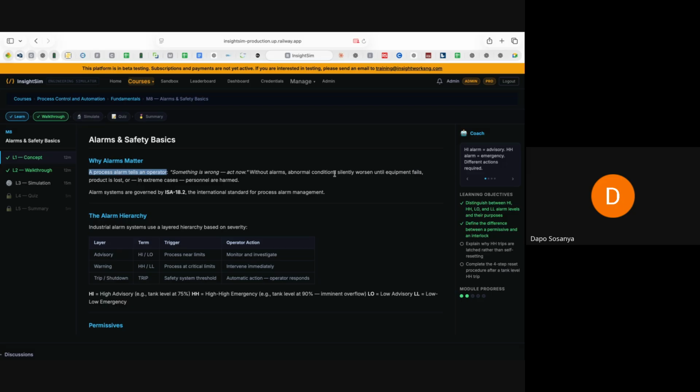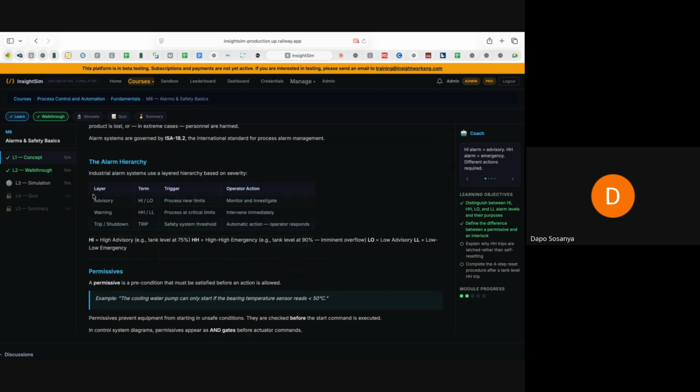Alarm systems are governed by ISA 18.2. That's the international standard for process alarm management. All right, and the hierarchy. We have the advisory alarms, where we talk about high, low. What does this mean?